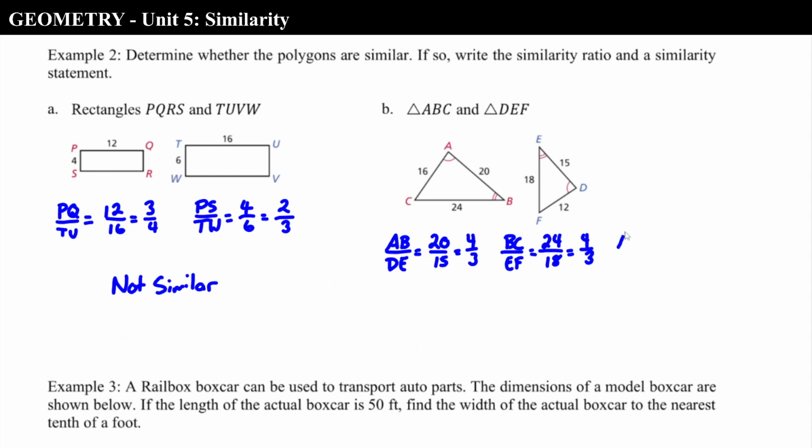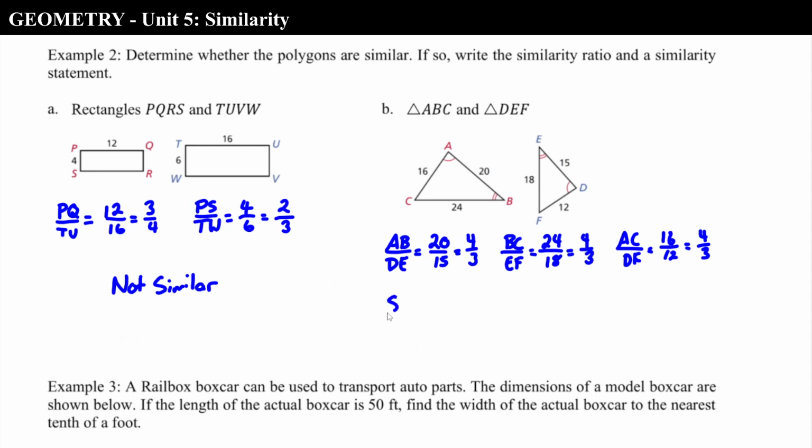And then finally AC over DF is 16/12, and that is also 4/3. So all of our sides have the same similarity ratio.